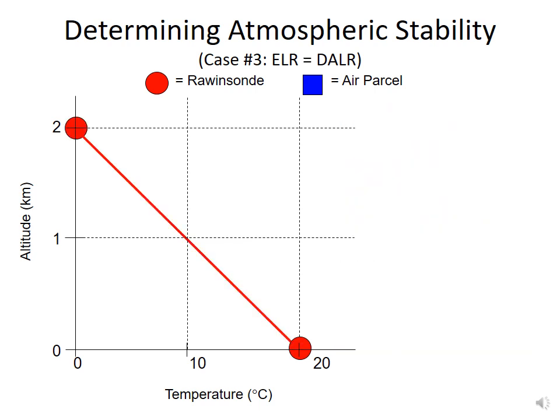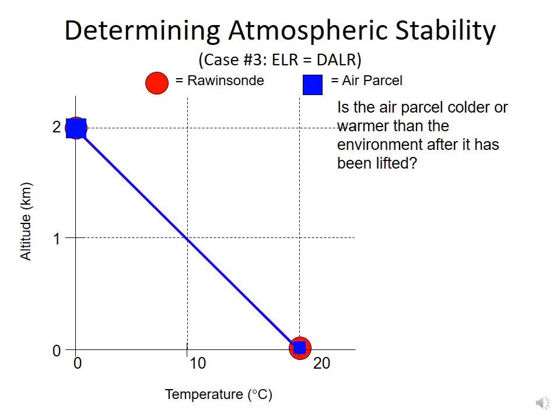Case number 3. We launch our Rawinsonde balloon, and it just happens to measure an environmental lapse rate of minus 10 degrees Celsius per kilometer. So we take our air parcel and do our thought experiment again. How does the temperature of our air parcel compare to the environment? Well, it's exactly the same.